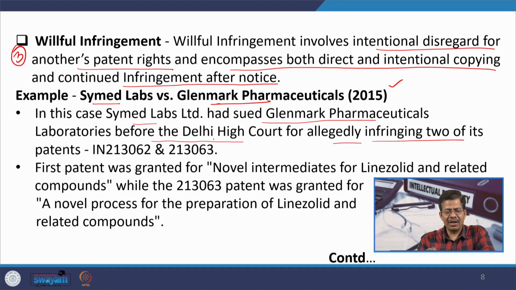So, Simon Lab asked the Delhi High Court that Glenmark is actually infringing. Glenmark is a big name. So, the first patent was granted for this particular invention, while the second patent was granted for a novel process for the preparation of linezolid and related compounds. So, both are in the pharmaceutical fields.